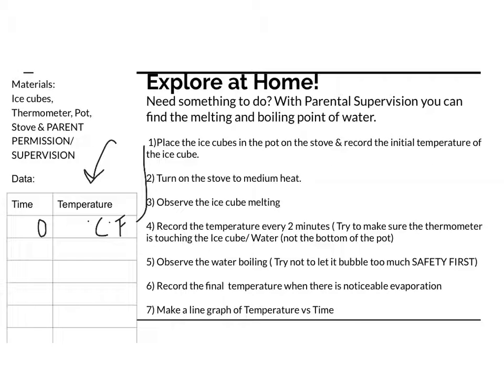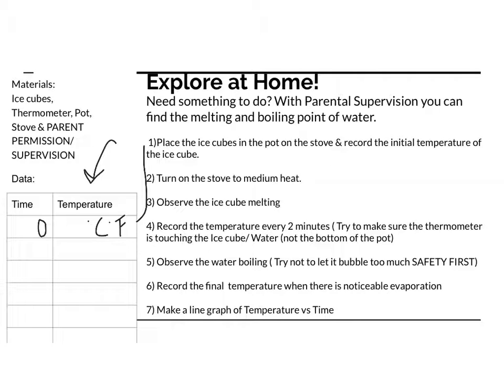Every 2 minutes you're recording, and you're going to watch the water start to boil. And then you're going to record the final temperature when there's noticeable evaporation. So you should be able to see water vapors coming out of the pot when it starts to boil. Once you get to that point, you can maybe do 1 or 2 more temperature recordings, and you should be good. At the end, you're going to make a line graph of temperature versus time. So you'll have melted your ice cube and then watched it evaporate.